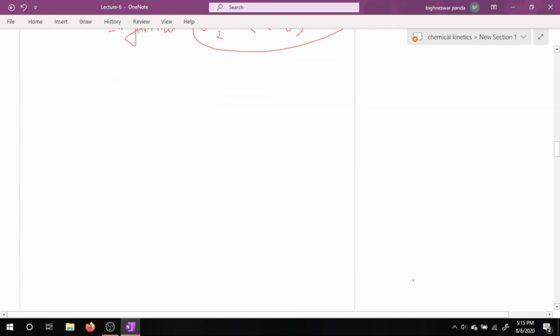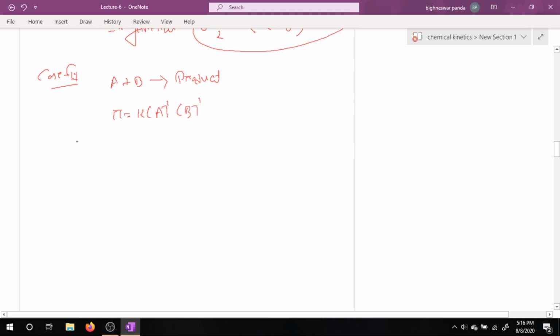Similarly, we have another case, case 2. For case 2, we have a reaction A plus B gives rise to product, and for this reaction the rate R is equal to k into A power 1 into B power 1.